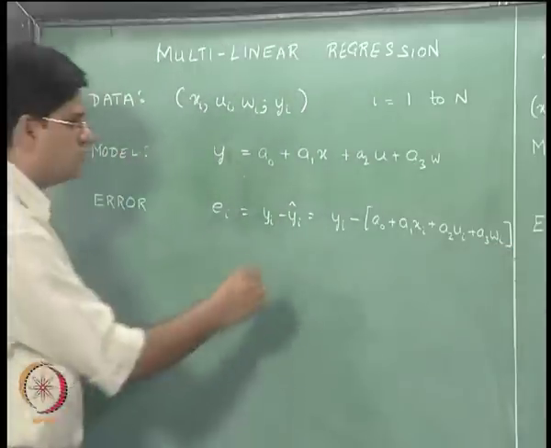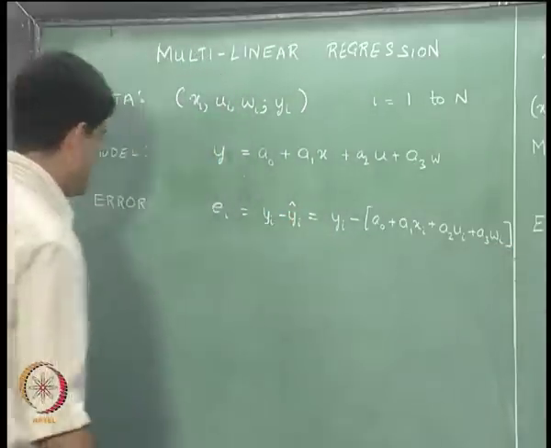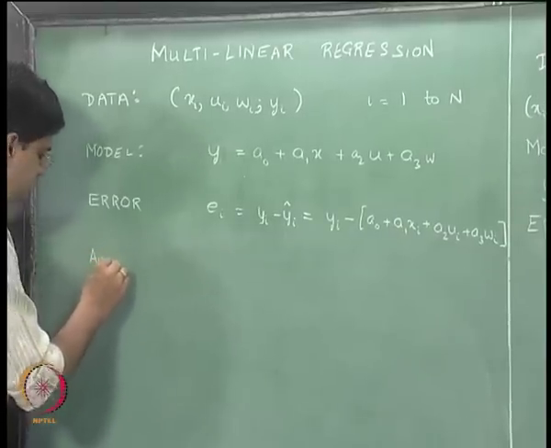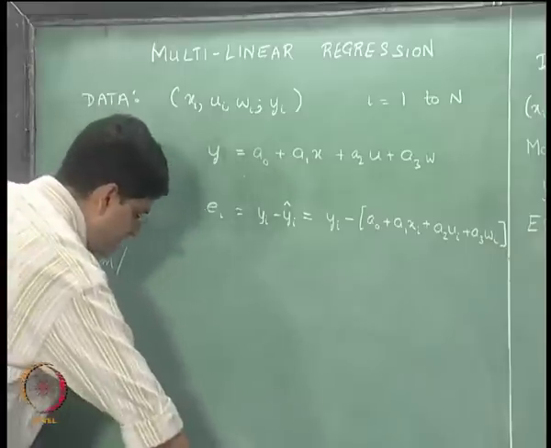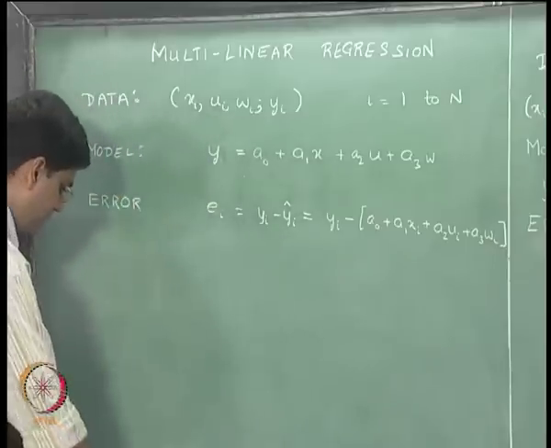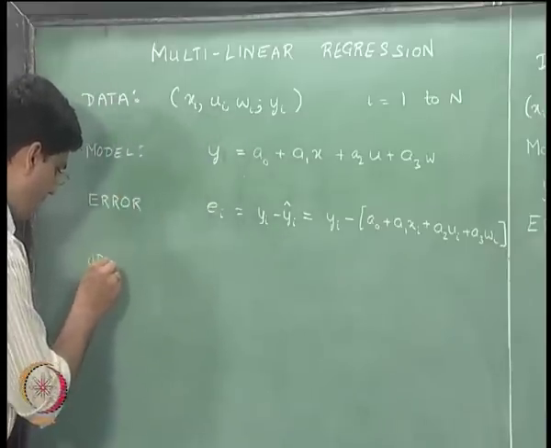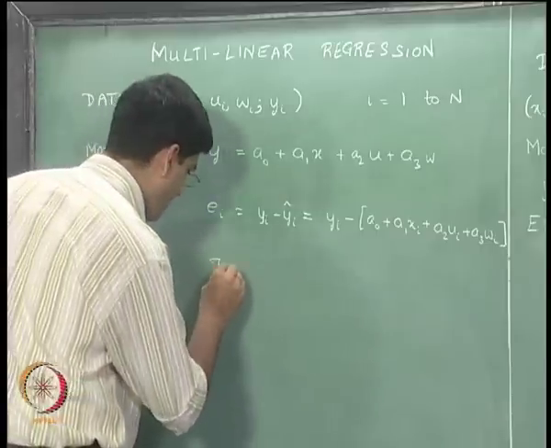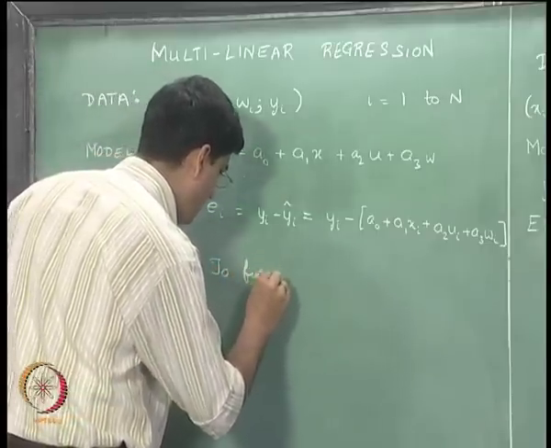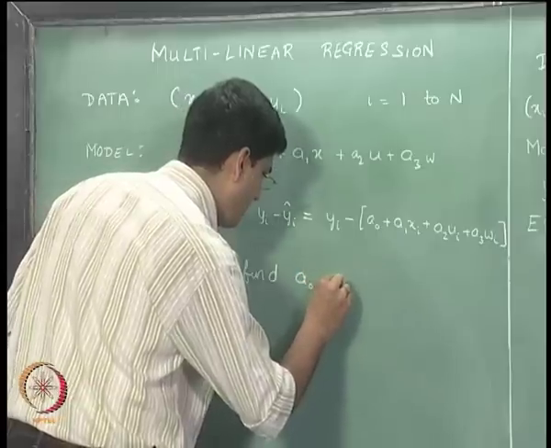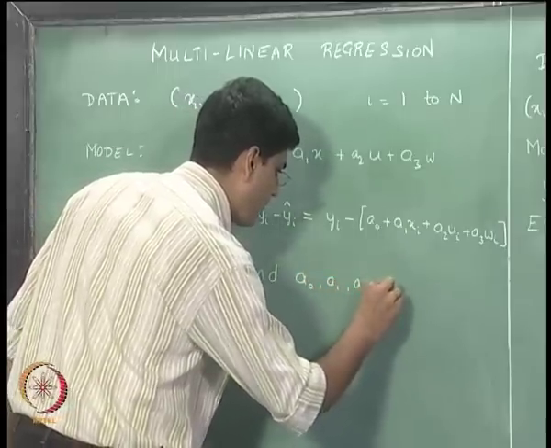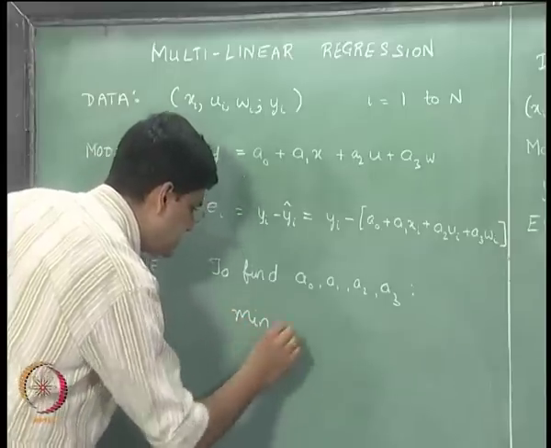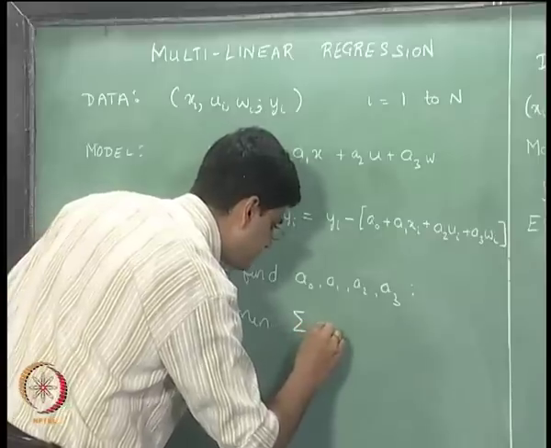This is going to be our error, and the objective of multilinear regression is to find the coefficients such that we minimize the sum of square of errors.